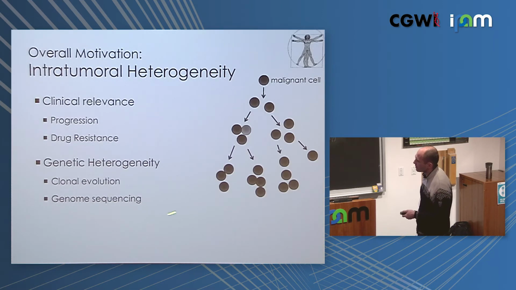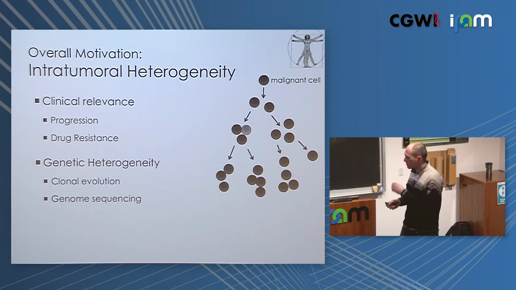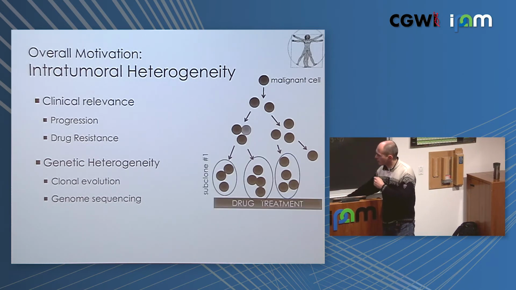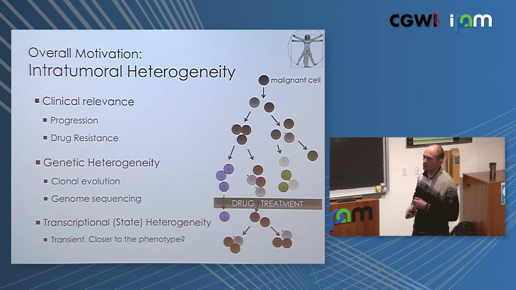And the best studied aspect of heterogeneity is genetic heterogeneity, so occurrence of subclonal mutations, subclonal populations, and it's been studied extensively using bulk genome sequencing and more recently using single cell genome sequencing. And what we tried to do here is look at the relationship between genetic and transcriptional heterogeneity.